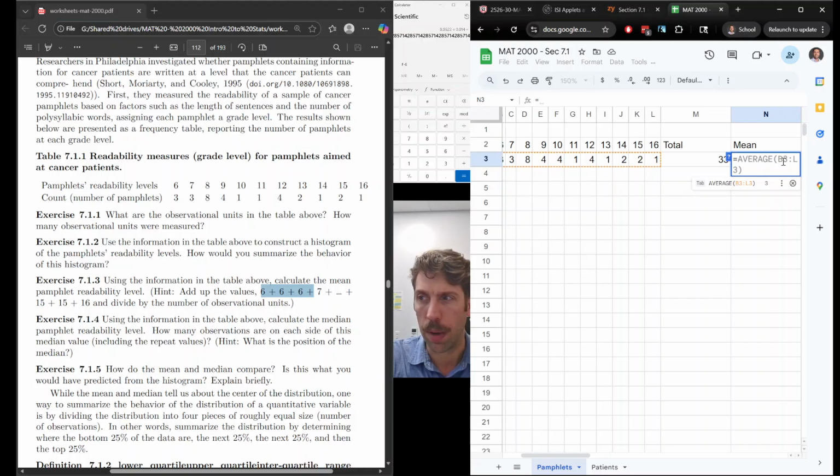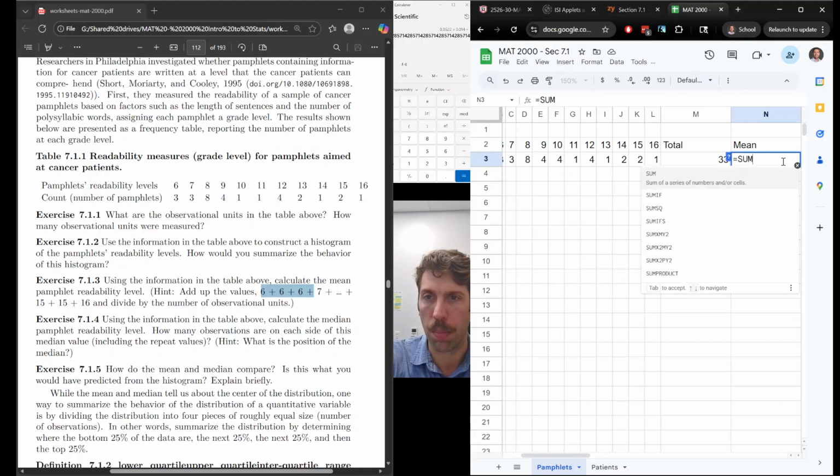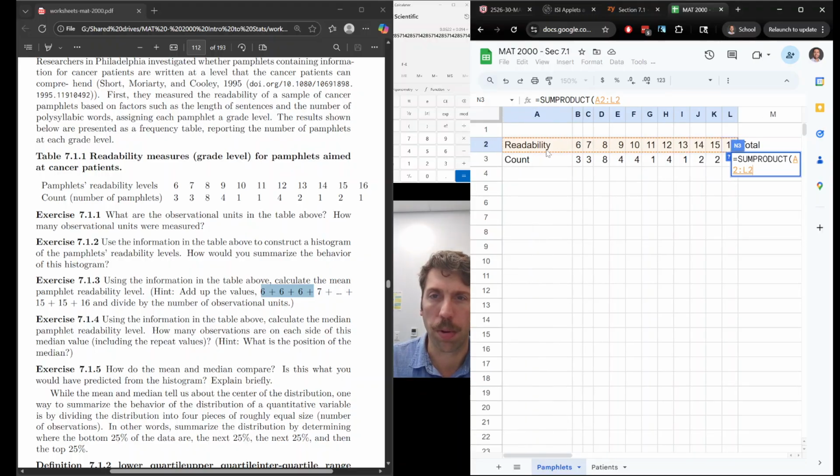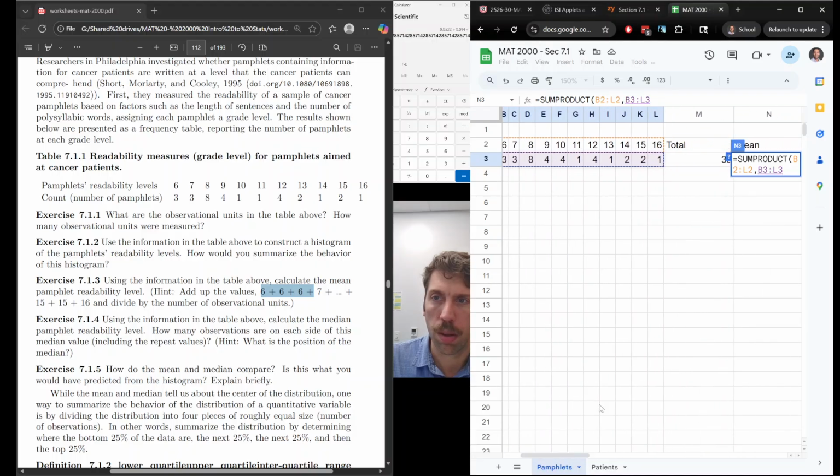In Microsoft Excel and in Apple Numbers it's roughly the same function. So I'm going to press tab to accept the prompt SUMPRODUCT, and then highlight these, and then highlight these. Make sure I'm highlighting the right ones.